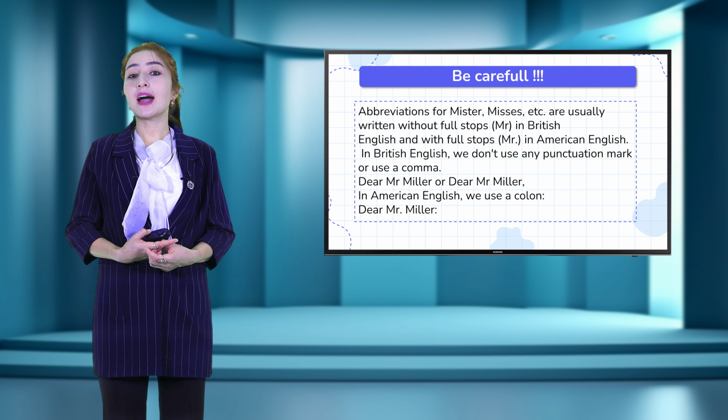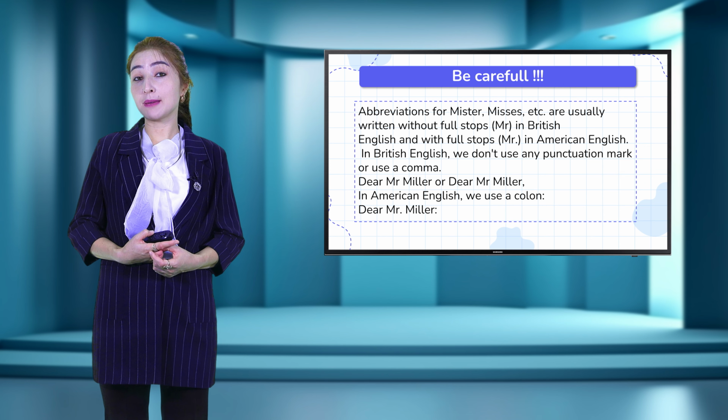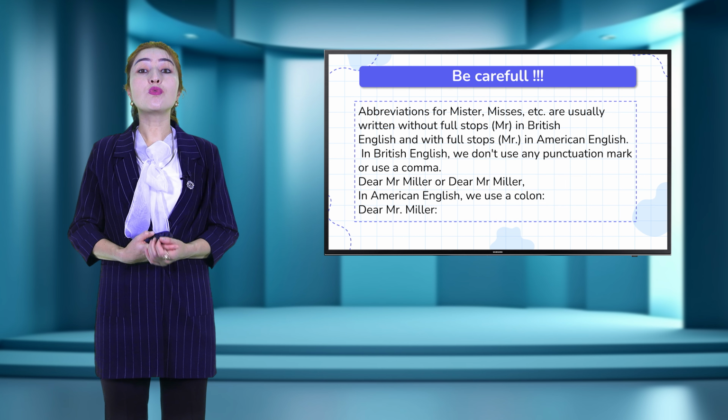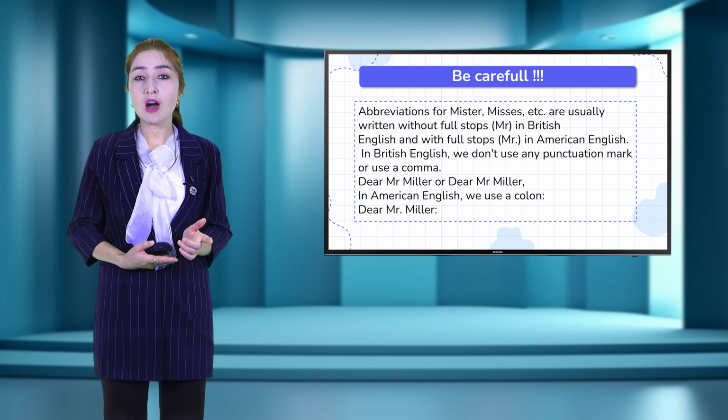The abbreviation for Mister, Mr, or the abbreviation for Misses, Mrs, and words of this kind are usually written without a full stop in British English, and with a full stop in American English. Here I have given you a special and good point about the difference in the punctuation system between British English and American English.